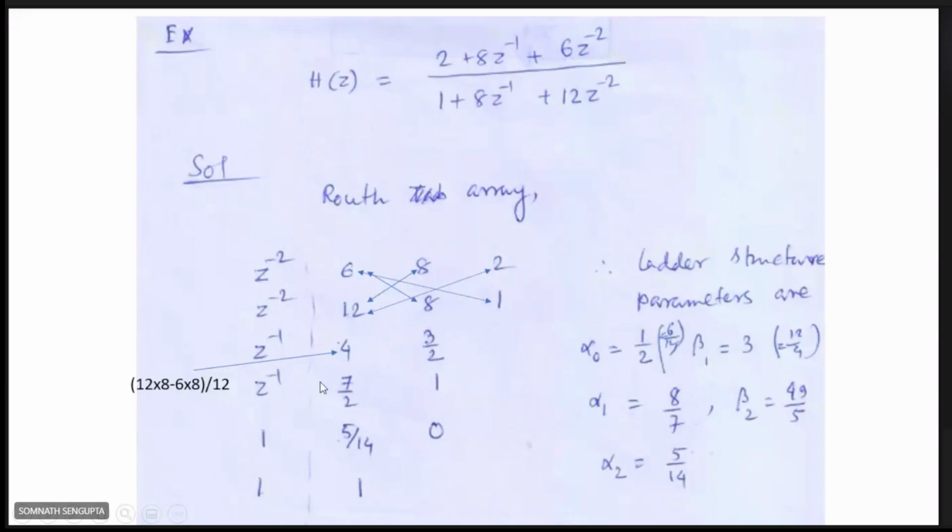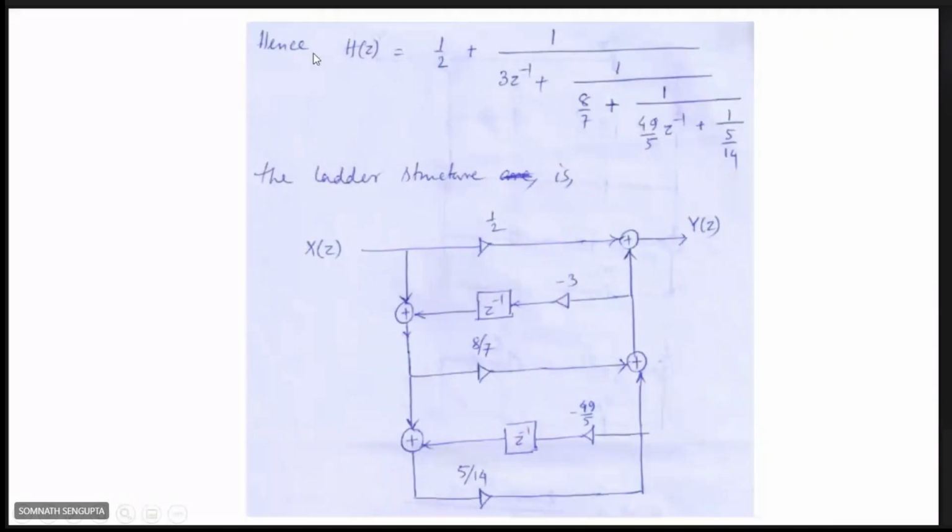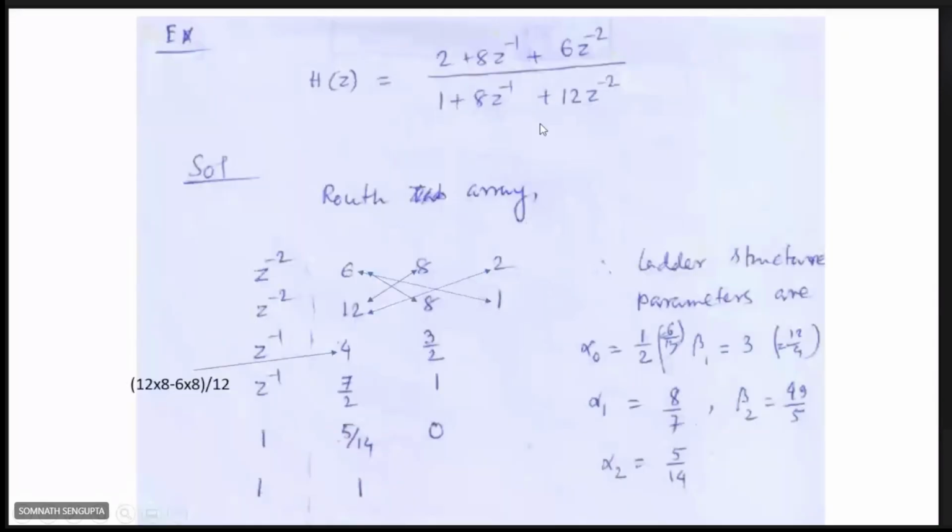The same principle you follow, and you will get the table, and after getting the table you have to calculate the values of the various alpha and beta: alpha 0, beta, alpha 1, alpha 2, beta 1, beta 2, like that. Once you get them, the whole division series will come in this form.